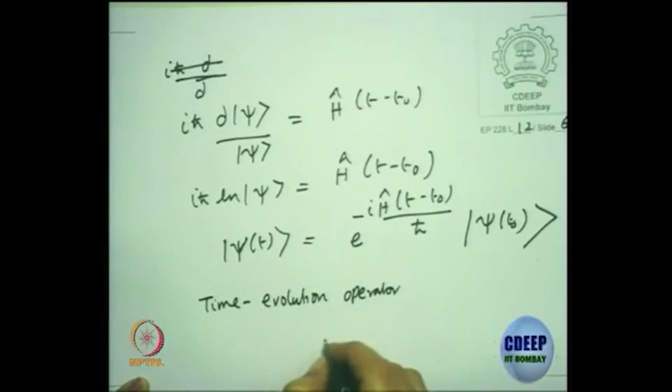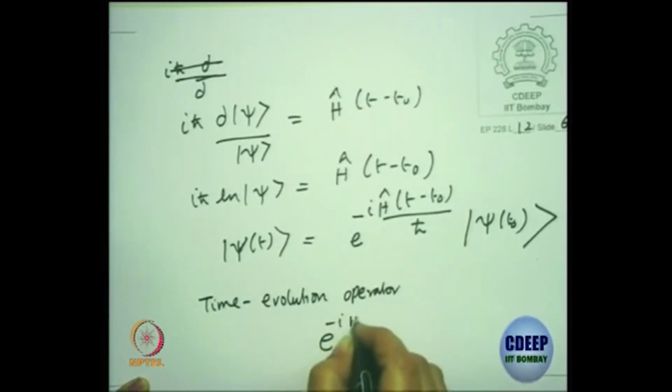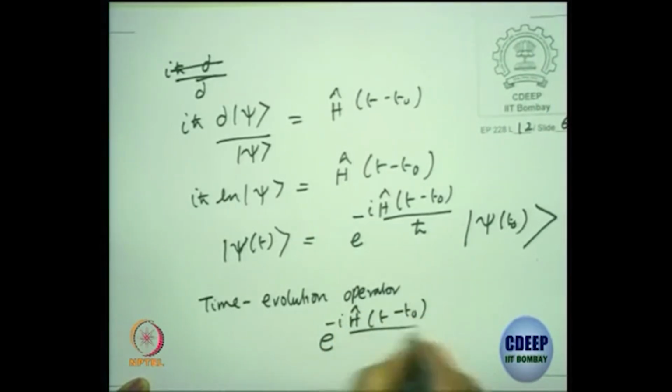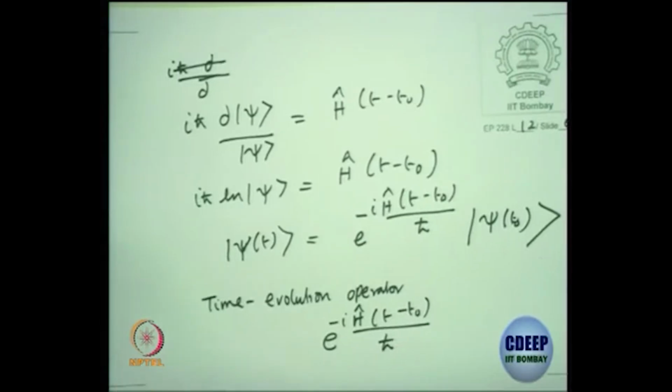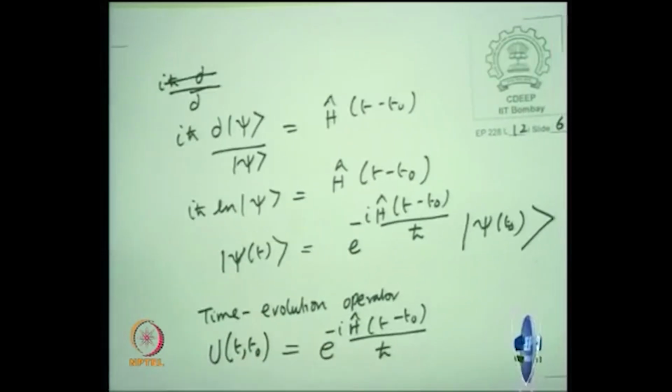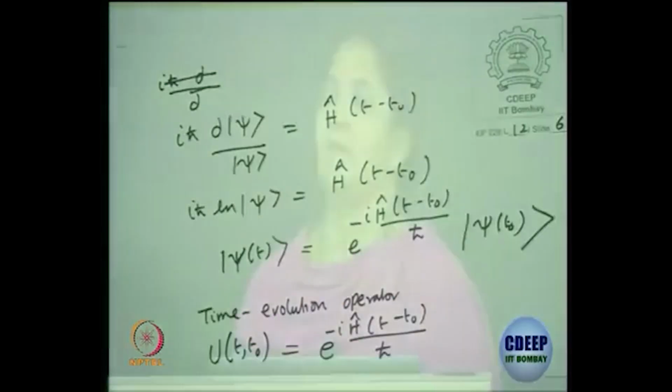What are the properties of it? So, let me call this also the time evolution operator. Formally people write it as U of t comma t naught. So, what are the properties? U of t naught comma t naught is the identity operator, and you can also see some more other properties.